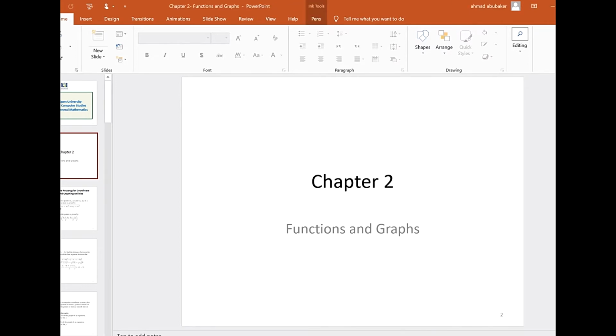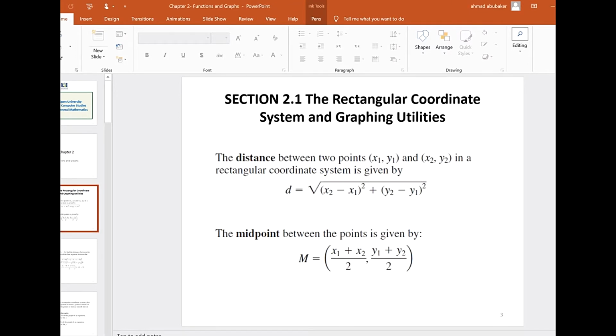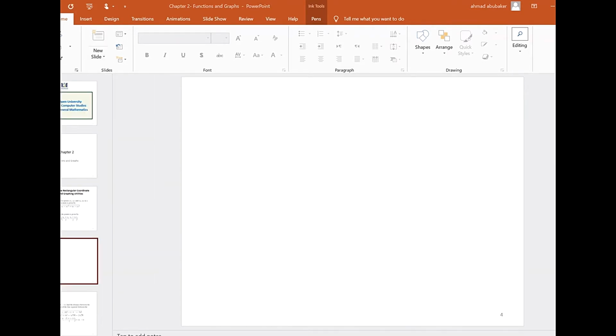Okay, in the first subject, we will start with how to find the distance between two points in the rectangular coordinate xy plane, and how to find the midpoint. Look at this.